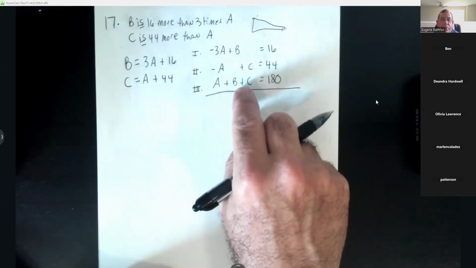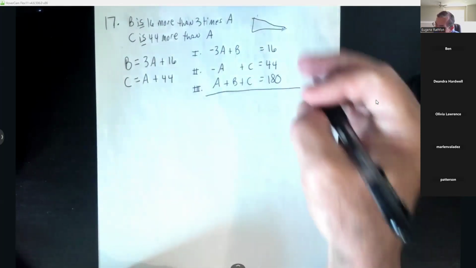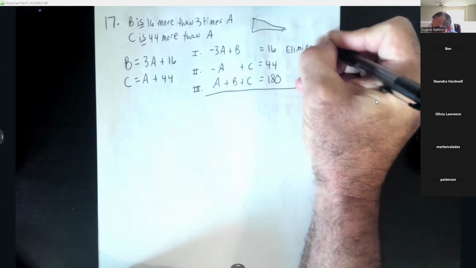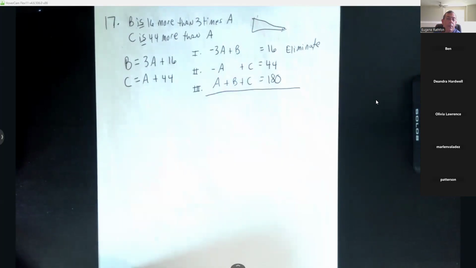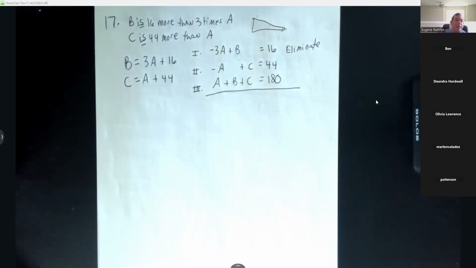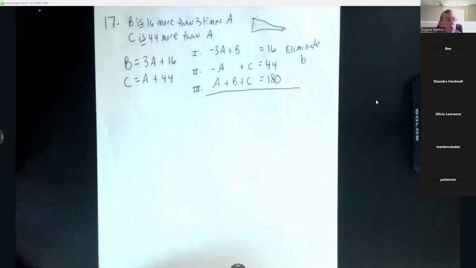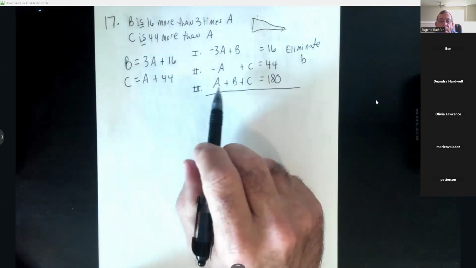So y'all let y'all choose. What am I going to eliminate? So y'all pick a variable for me to eliminate. So we're going to eliminate the B.